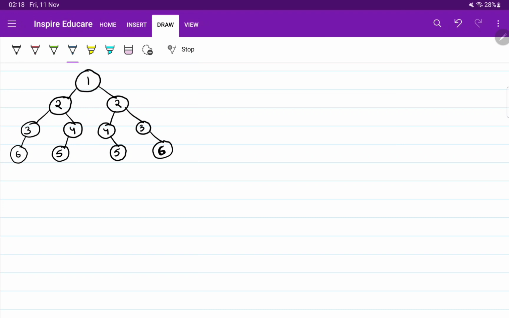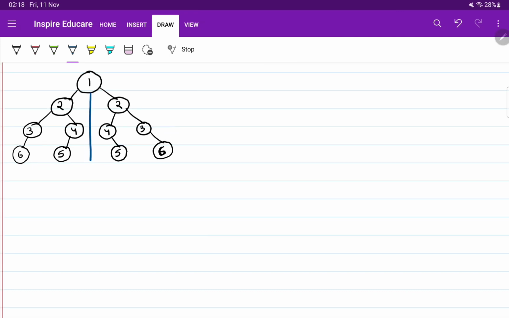So let's talk about the logic behind this question. What I said is that if we put a mirror through the root, then the left side and the right side should be the mirror of each other for the tree to be symmetric. So let's say I have a mirror function, right?